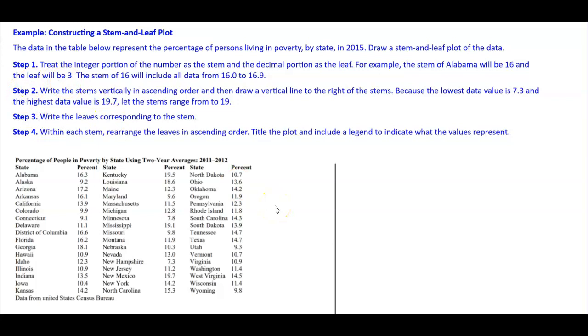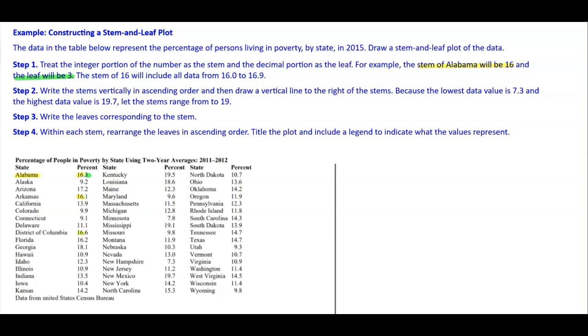Let me go ahead and highlight that. Again, the stem of Alabama will be 16. There's Alabama and there is the stem, and the leaf will be 3. Now, the stem of 16 also includes all the data from 16.0 to 16.9, so we have to find all the 16s.